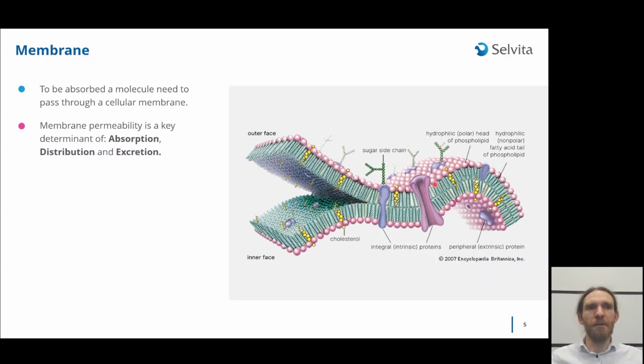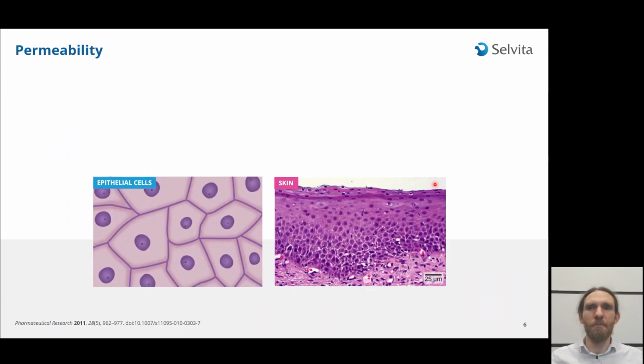Membrane is primarily lipophilic in nature, and because of that, lipophilicity is the main characteristic that governs permeability. So more lipophilic substances will be better absorbed, better permeable through the membrane. Less lipophilic, more polar compounds will be less permeable.